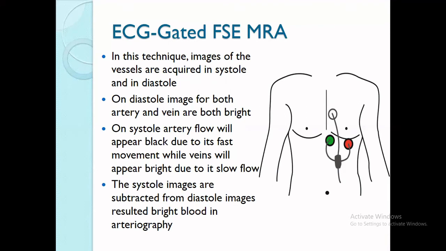Or if you are taking the example of the aorta, similar is the case if you are considering the arterial flow. You will have to look at the left ventricle side. The systole will be the contraction, and the relaxation is the diastole. So we take 2 types of imaging, one in the diastole, the other in the systole.